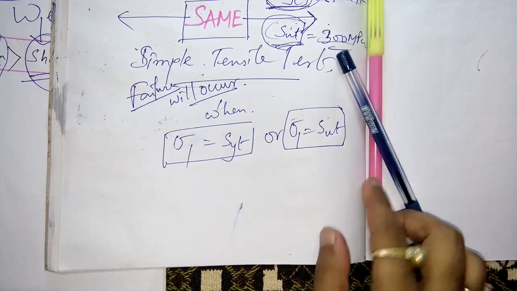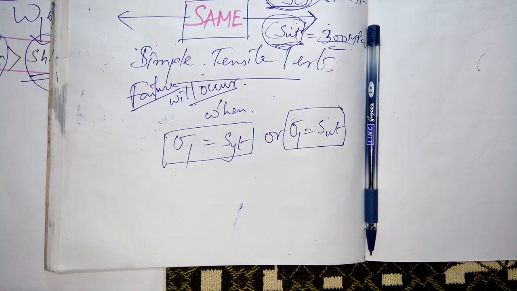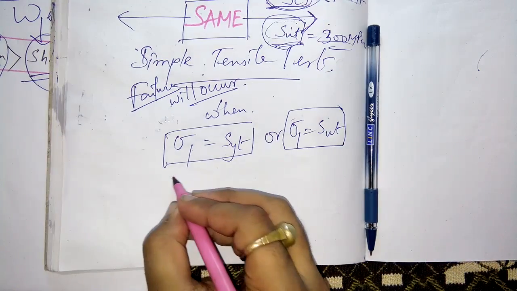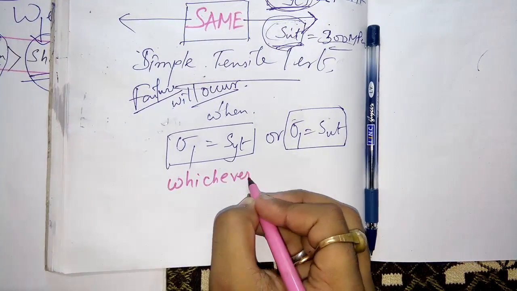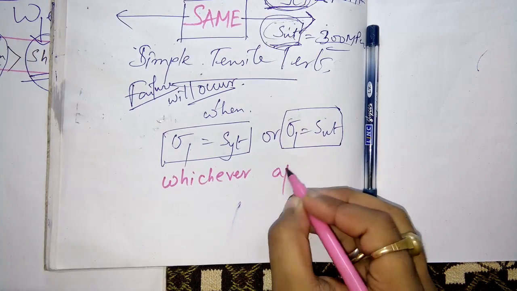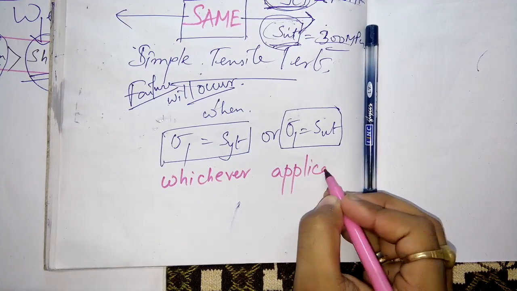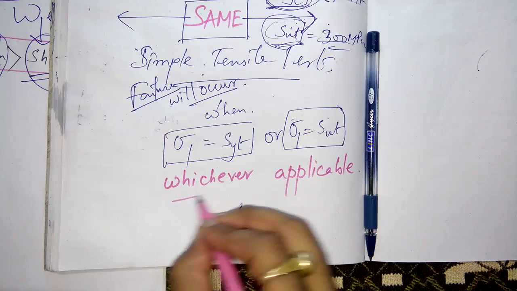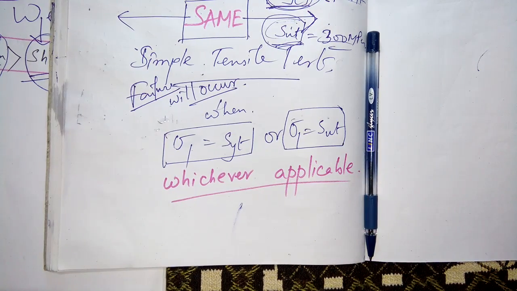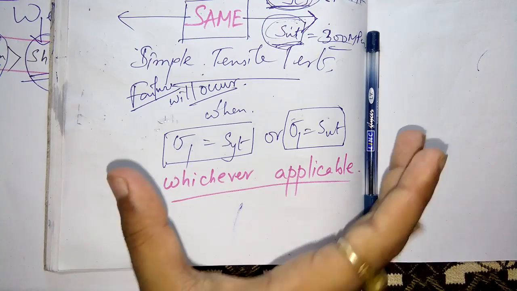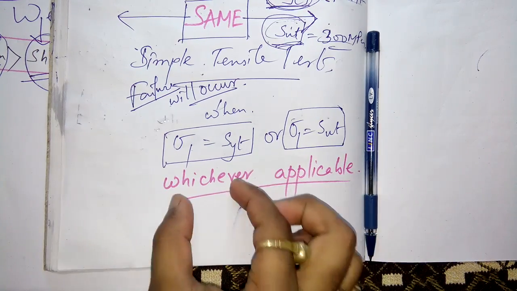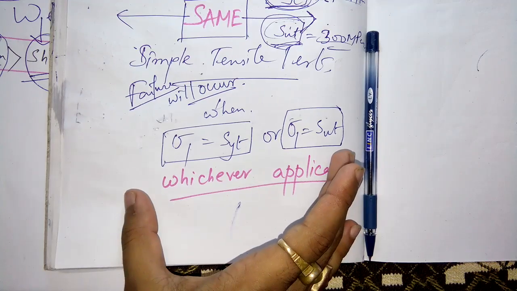But I am going to write a very important sentence just below it: whichever applicable. These two are the conditions for the material to fail, but this term is very important, whichever applicable.